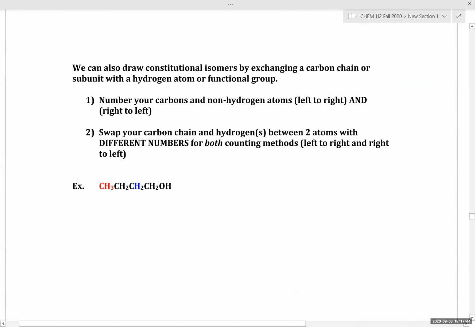Just to build on this idea, you can also draw constitutional isomers by exchanging a carbon chain with a hydrogen atom or a functional group. In this case, you number your carbons and non-hydrogen atoms, and you can swap your carbon chain and hydrogens if you have two different numbers.